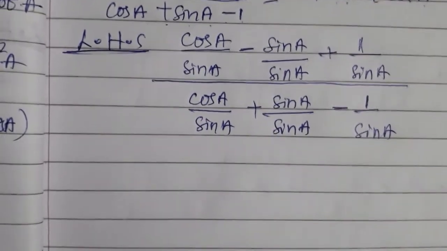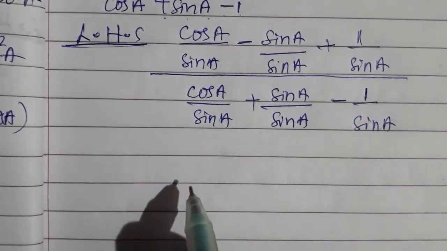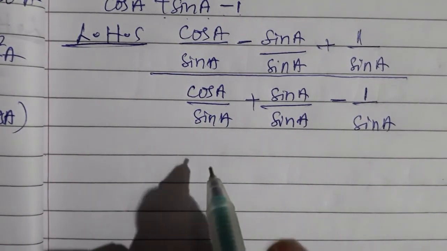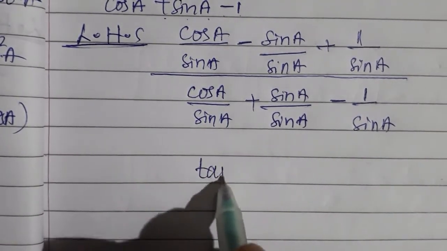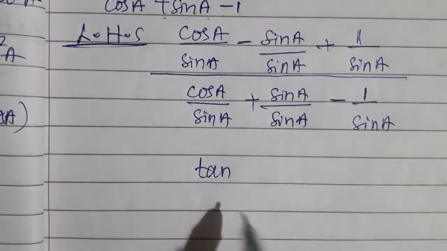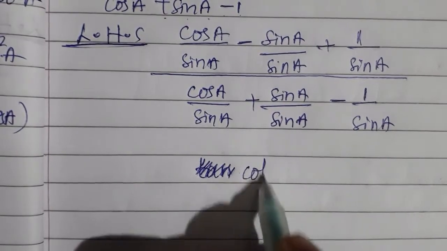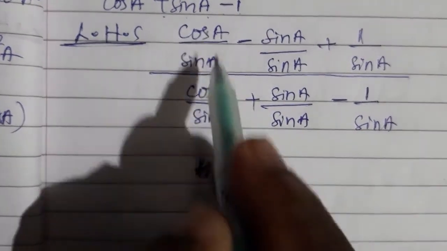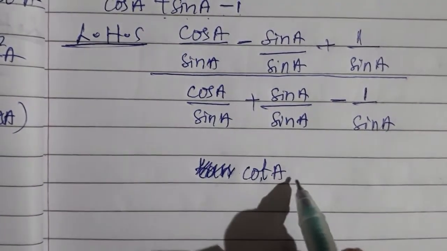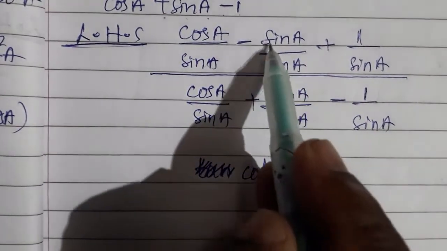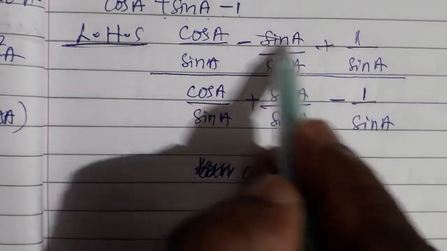Now use the reciprocal ratios. We know cos A by sin A is nothing but, sorry, it is not tan A, it is cot A. Cos A by sin A is cot A. Minus, the sin A by sin A gets cancelled.